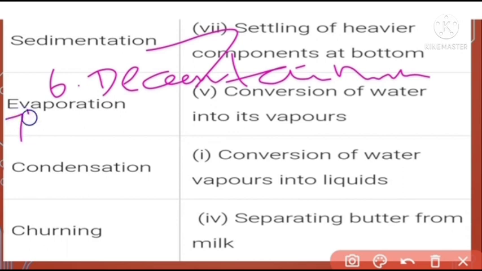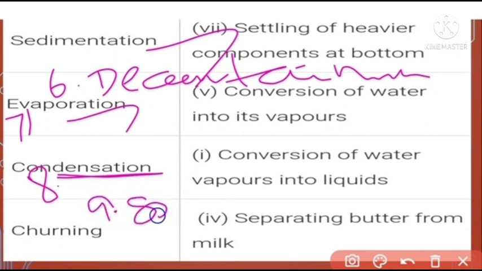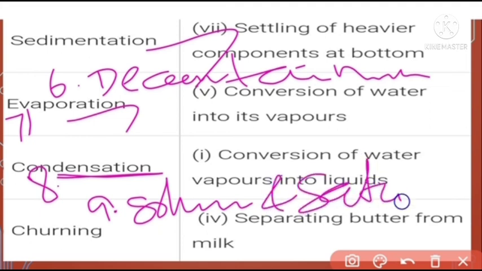Seventh activity, the evaporation method. Eighth activity is the condensation process. The ninth activity, solubility of solvent and saturated solution. The tenth activity, the churning process.